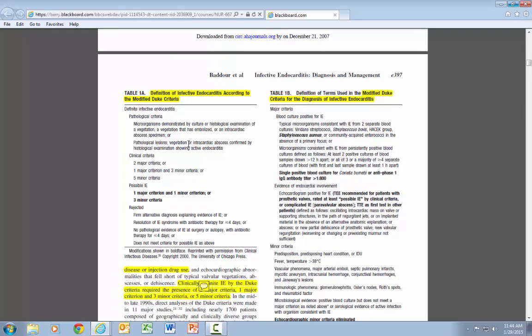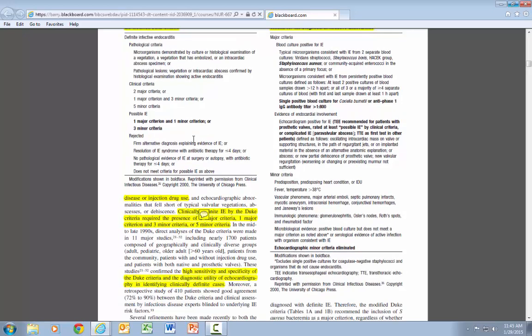Remember that you need to have two major criteria, or one major criteria and three minor criteria, or five minor criteria in order to have the diagnosis for endocarditis. And I actually tagged a comment right here that this is a very important information to know.